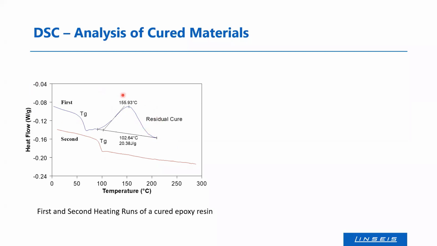So the sample which was investigated here was not at 100% degree of cure. After the post-curing, a second run was done, and you can see no further curing. So after the first heat, we reached a 100% cure.